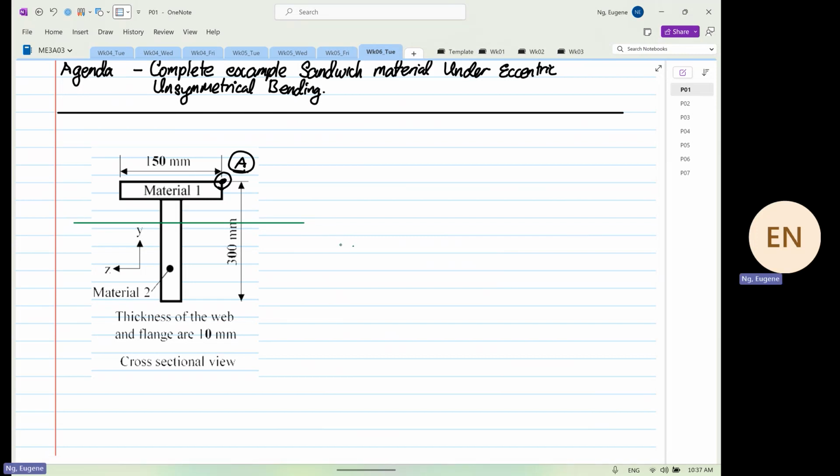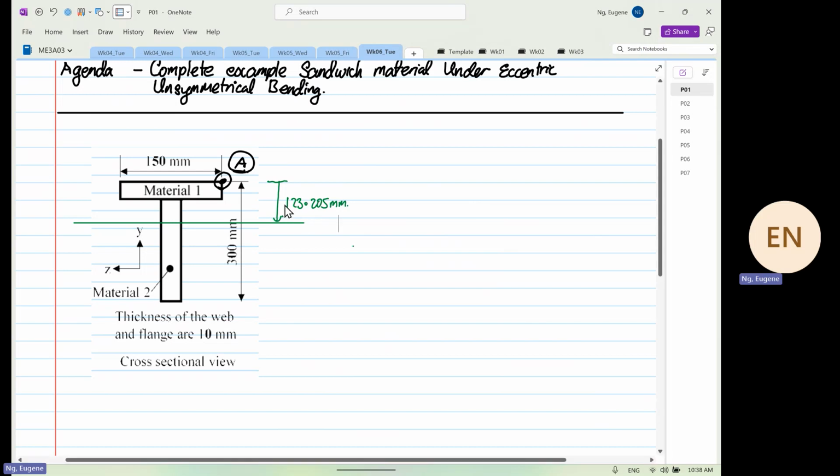this position over here, and the position of the centroid from here to here, this distance, we know that distance is equal to 123.205 millimeters.